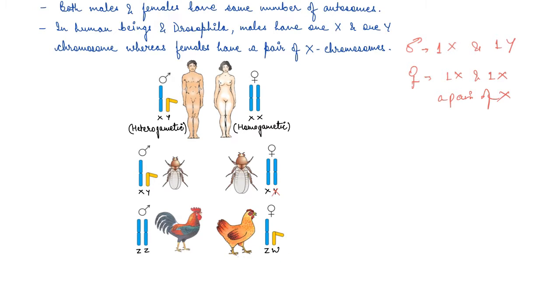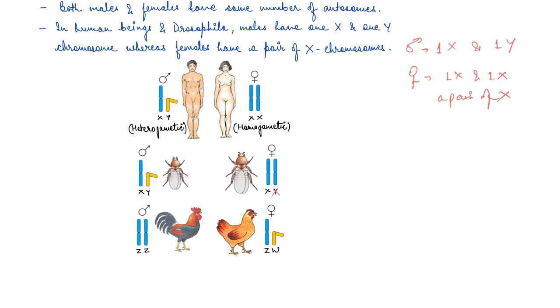In general, for humans and Drosophila, we call it male heterogamety. In the case of birds, we call it female heterogamety, wherein the two types of gametes formed are different, right?